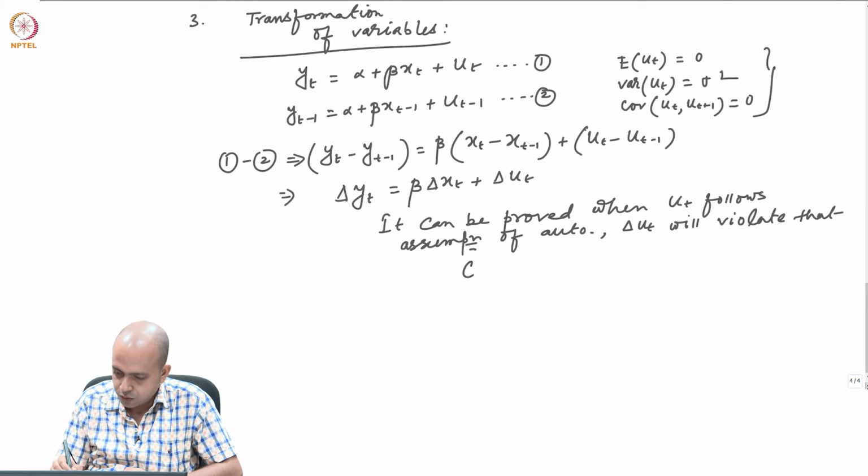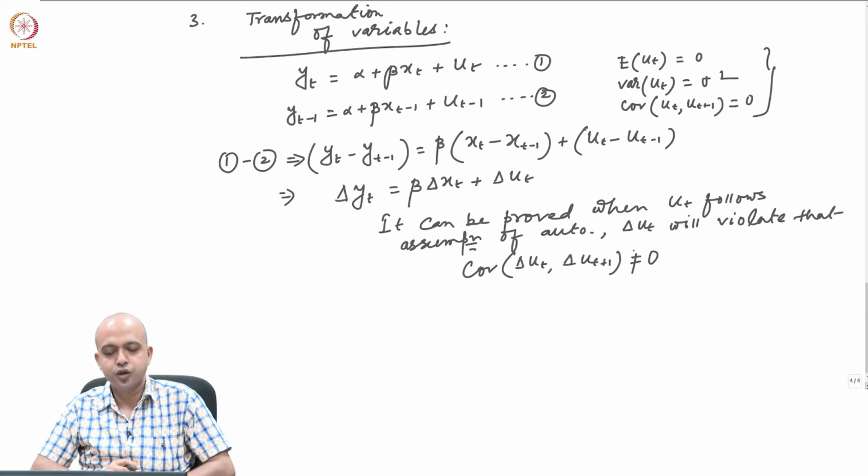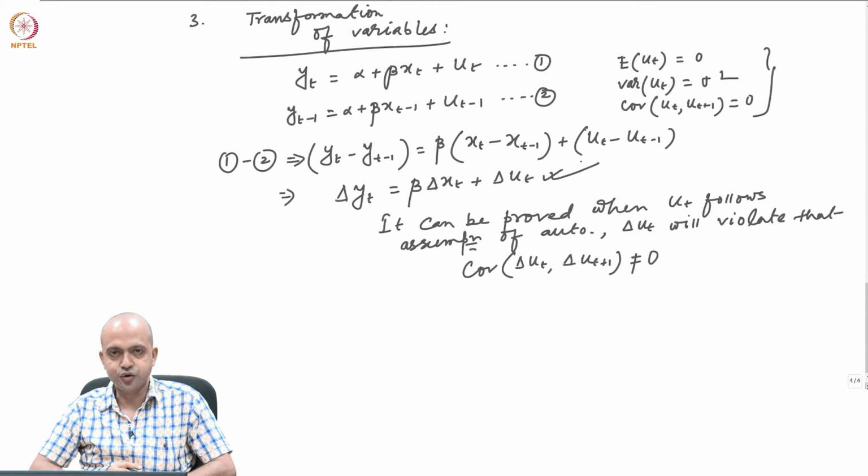That means covariance between delta u t and delta u t plus 1 is actually not equal to 0. So, this error term does not follow the assumptions of the classical linear regression model.